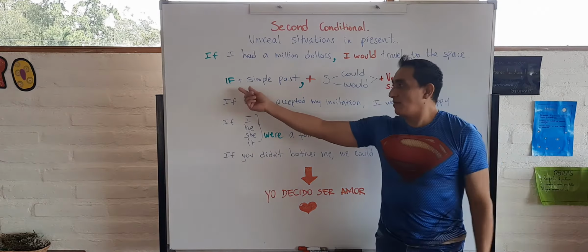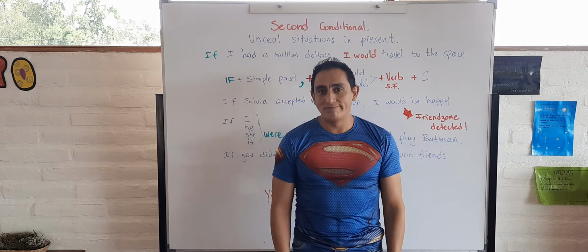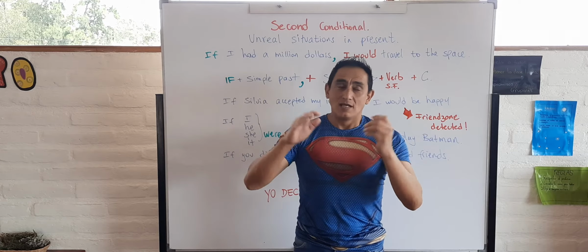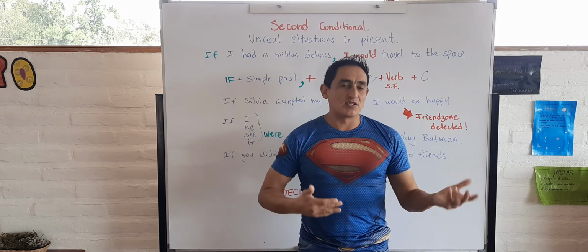So what is the real situation? Sylvia doesn't accept my invitation, or I am not brave enough to invite her, so I am not happy. Yes? It's like just my dream. I dream of Sylvia accepting my invitation, but that's not the real situation. Okay? So that is the second conditional, right?